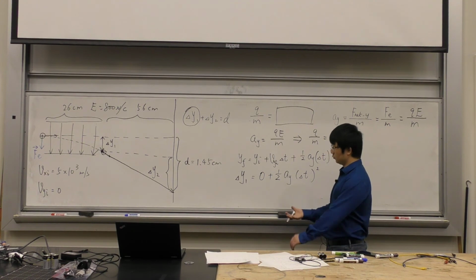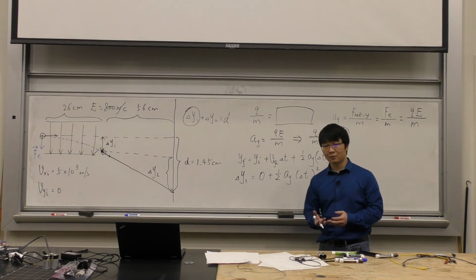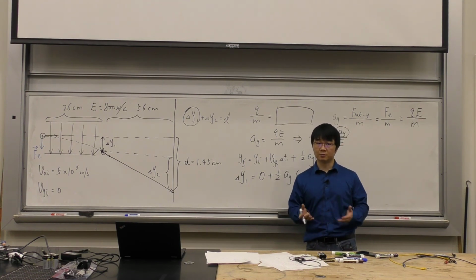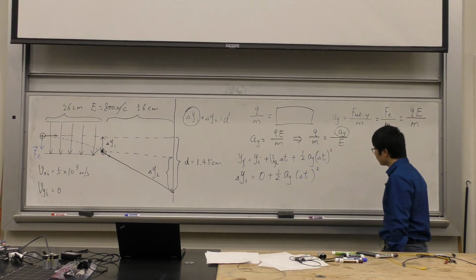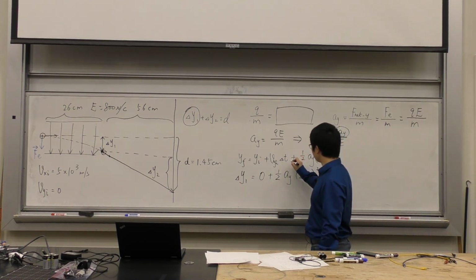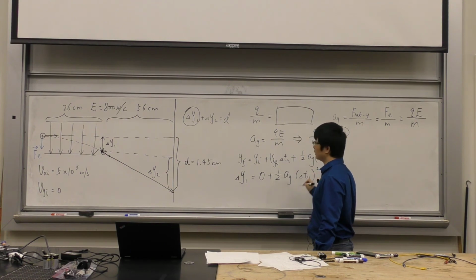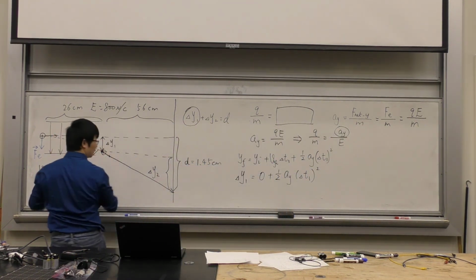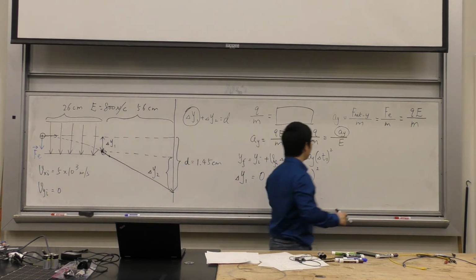Because as we did last time, you can always find the time. If you can't find the time in the y direction, you can always do that in the x direction and plug it back into the y direction. That's the only number you can use in both x and y. So let's call it delta t1 because we only need the time in this region.